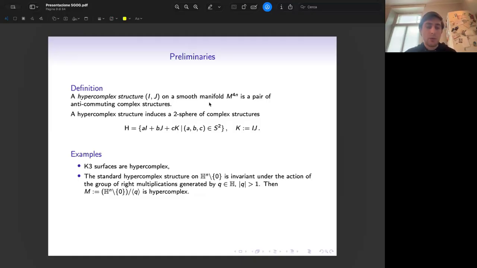What we obtain is a smooth manifold which inherits from the universal cover a hypercomplex structure. And if we specialize to the case in which n is taken to be 1, what we obtain are the so-called quaternionic Hopf surfaces.